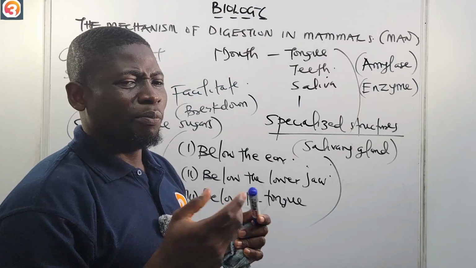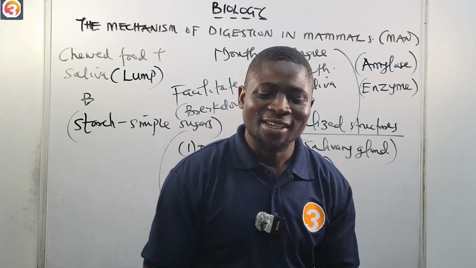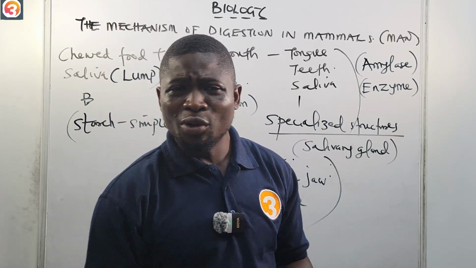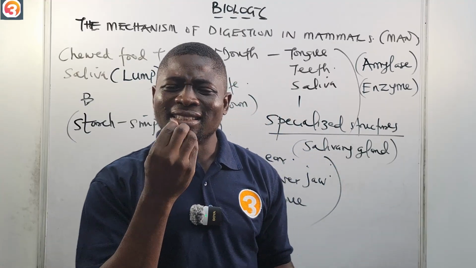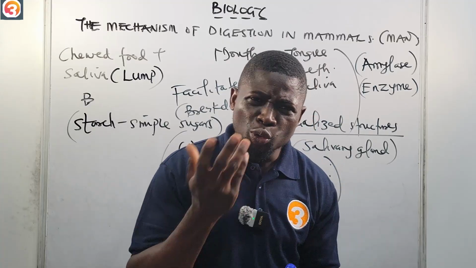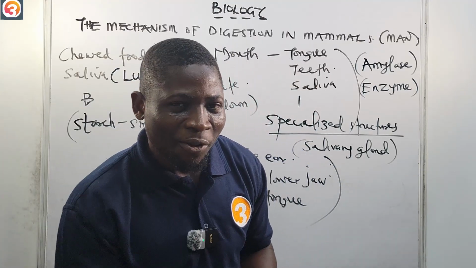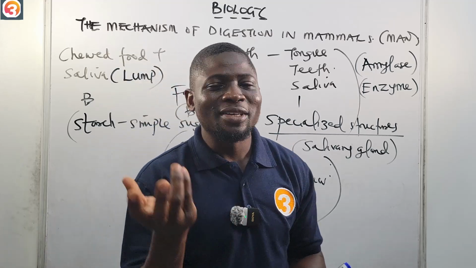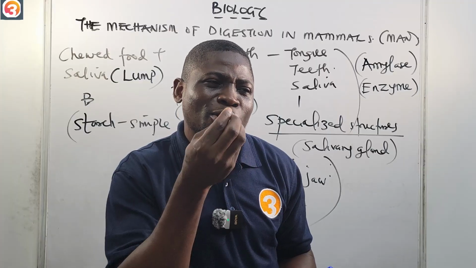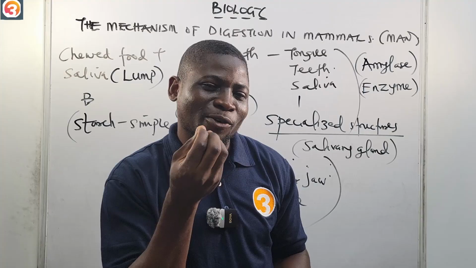So, for example, if you boil white rice, and let's say because you are very hungry, you just throw it in your mouth, will it really have taste? You actually taste the food immediately. But as you begin to chew it, you see that as it's mixing with the saliva, the amylase will be performing its function there. So at that point you now begin to taste the rich taste of the rice.